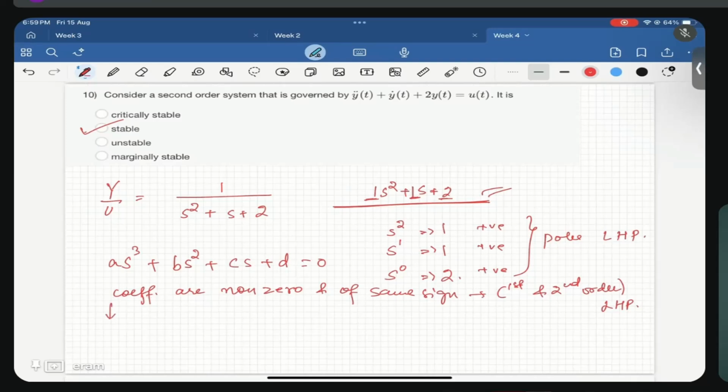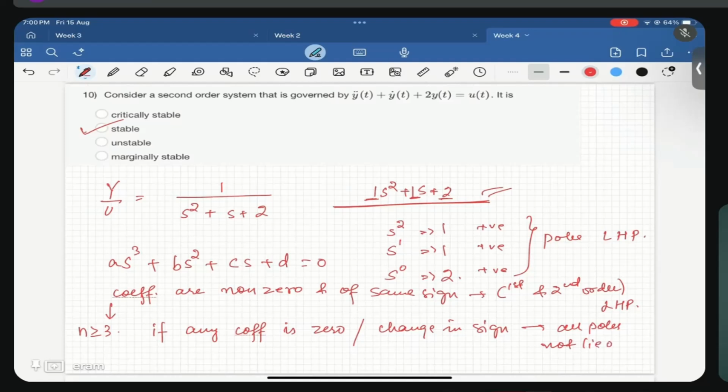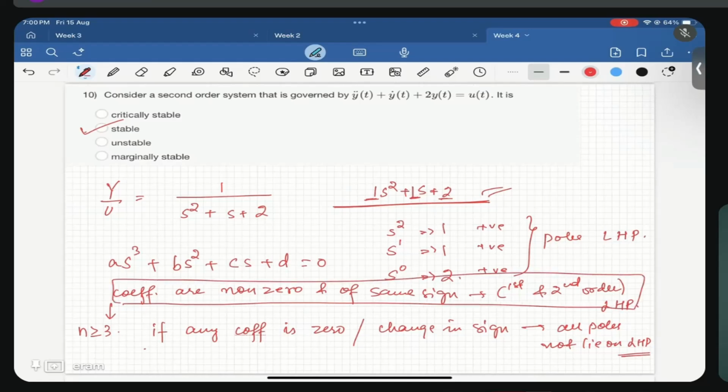But for higher order, for n greater than or equal to 3, if any coefficient is 0 or there is change in sign, then we can say that all the poles will not lie on the LHP. But if all the coefficients are present and of same sign, we cannot say that all poles will be on LHP.